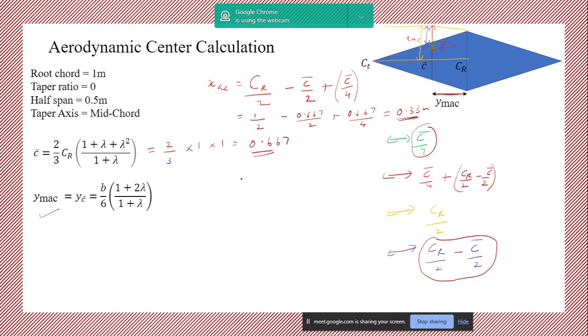So keep that there. Now find out YMAC. B is given by half span is 0.5, so B is 1 by 6 into taper ratio is 0, so this is 1, it's just 1 by 6, so it's 0.1667 meters.